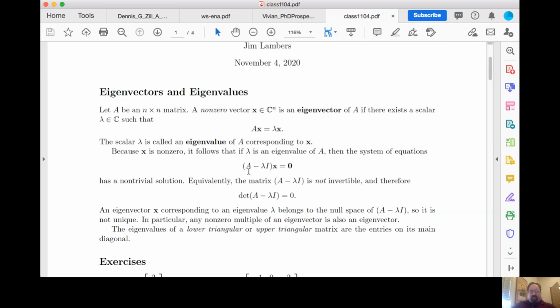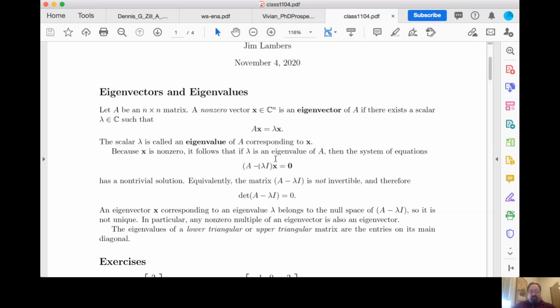That means this matrix, A minus lambda identity, is not invertible, which is equivalent to saying that its determinant must be equal to 0. We're going to use that later in this chapter to figure out how to compute all the eigenvalues of a matrix.